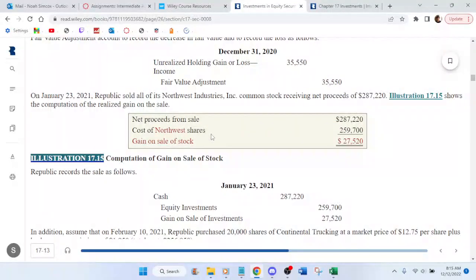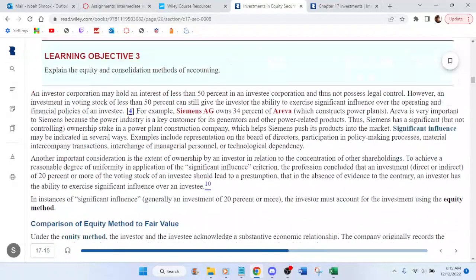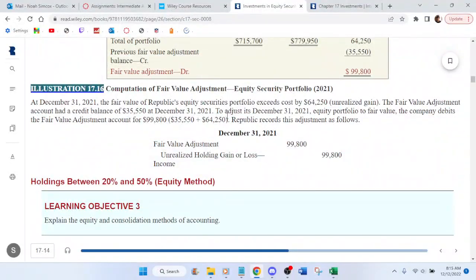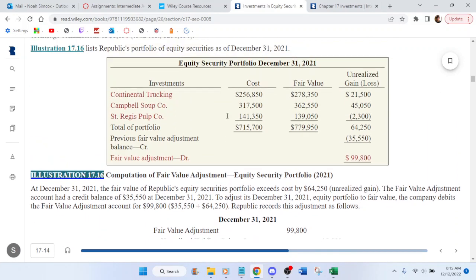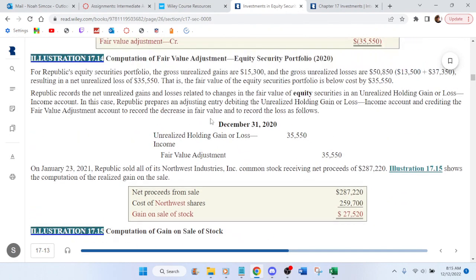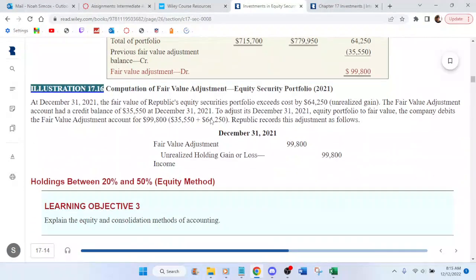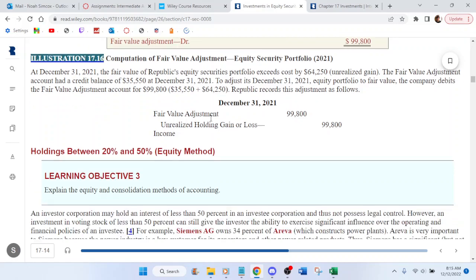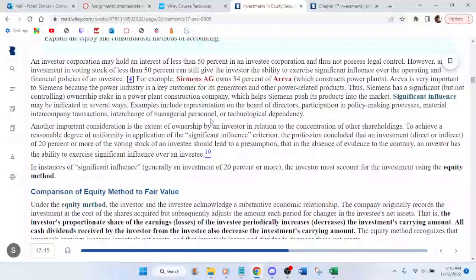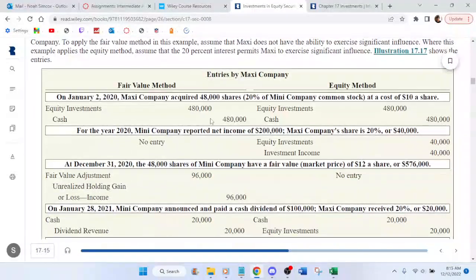I think I remember how to do that stuff. Equity methods.